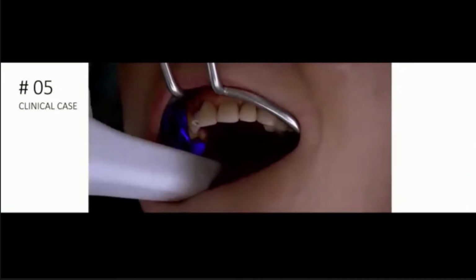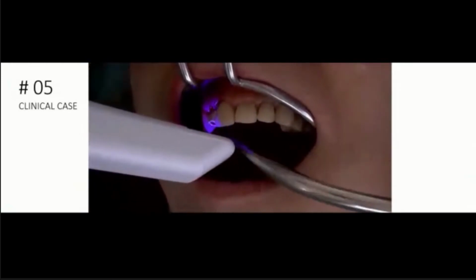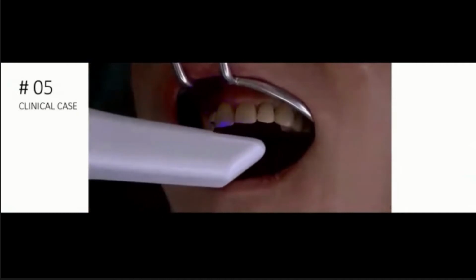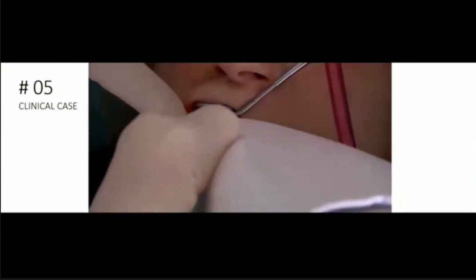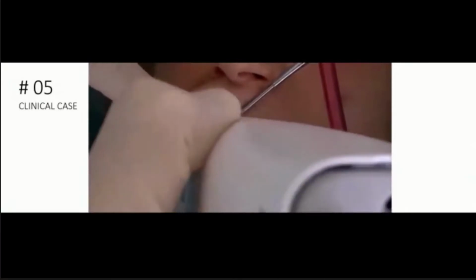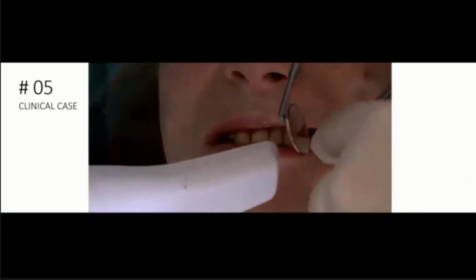And then we are starting with our scan process. First of all, the upper jaw, then the lower jaw. And then what you see here is to match the occlusion so that both jaws and both scans can be matched together.